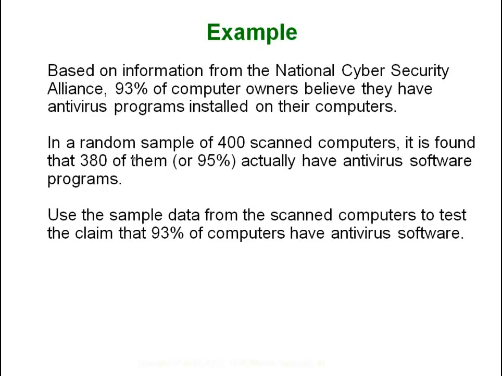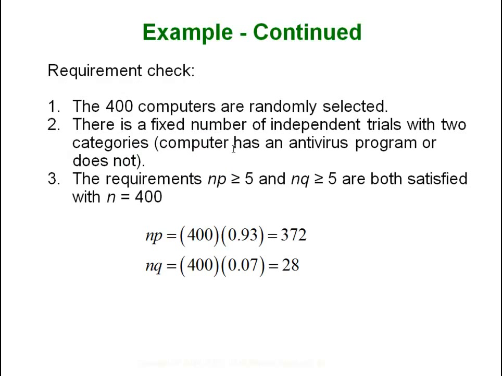So our p is this 93% that we're testing, not the 95 that we got from our sample. We're using 93. That's the assumed null p, not the p hat. You'll notice there aren't little hats on p and q in those formulas. So we get 372 and 28. Those are both bigger than 5, so we're good to go. All the requirements are handled.